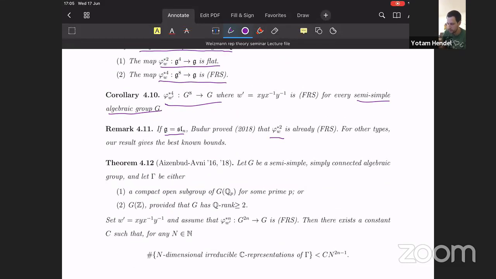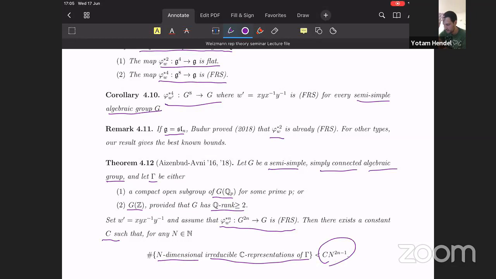So they were able to show that if you have some semi-simple, simply connected algebraic group G, and you take gamma to be either some compact periodic group, so a compact open subgroup of G(Q_p), or some arithmetic lattice of high rank, so some G(Z) and Q-rank of G is at least 2, then if the commutator map is FRS after n convolution powers, then there is some constant c such that the number of n-dimensional reducible complex representations of gamma is at most c times n to the power of twice n minus 1.